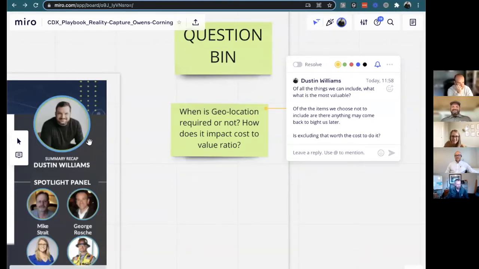Yeah, I just wanted to comment on a couple of things. On the savings side, we've done some of our studies internally with the company.